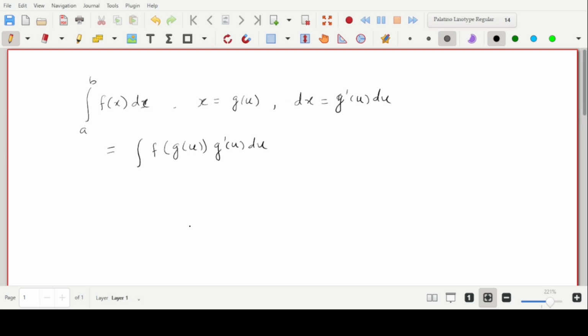When x takes value a, we find out what value u takes, suppose this is u1, then u1 is g inverse of a, and the upper limit is g inverse of b, assuming that everything is fine.